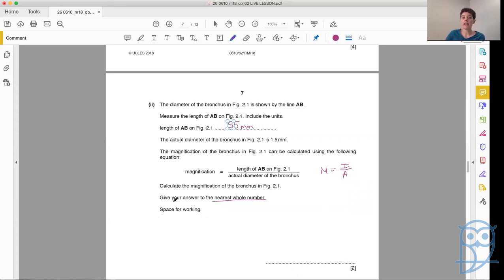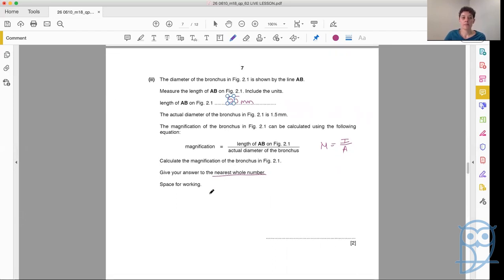One thing we do check, 55 millimeters and 1.5 millimeters, we do have them both in the same units, so we can go ahead with calculating that magnification, because we must always have everything in the same units for magnification.